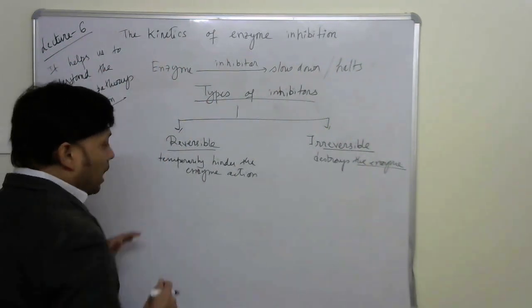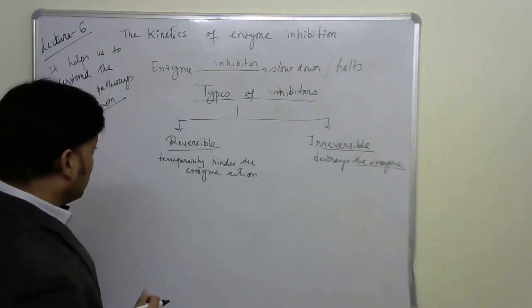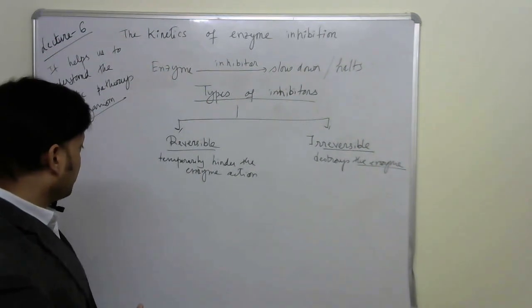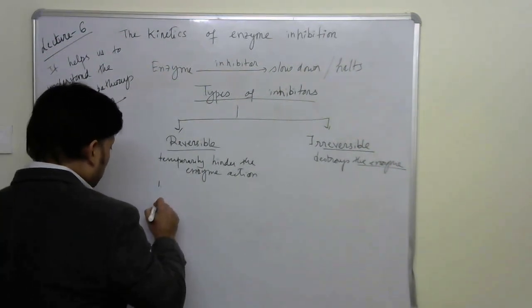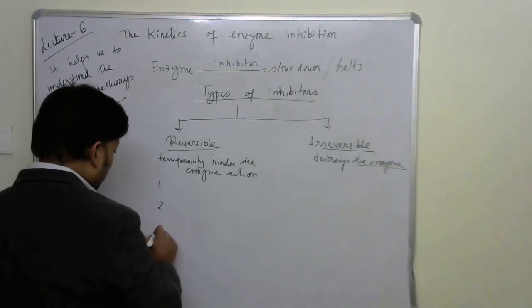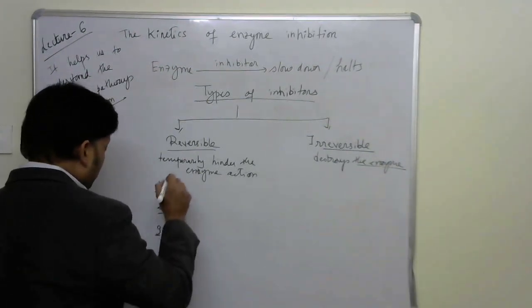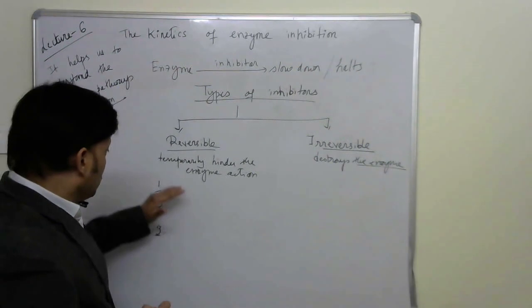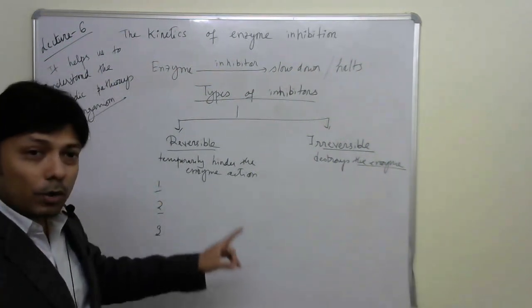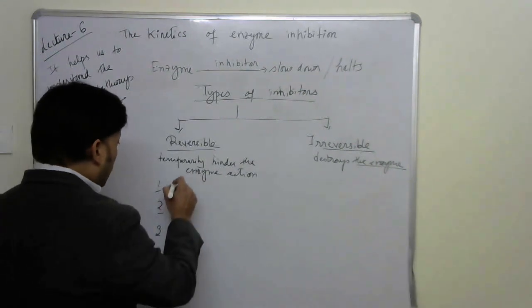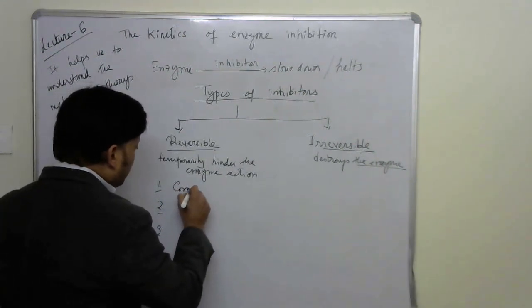Now there are three kinds of reversible inhibitors: 1, 2, and 3. The first type of reversible inhibitor that we are going to study is called the competitive inhibitor.